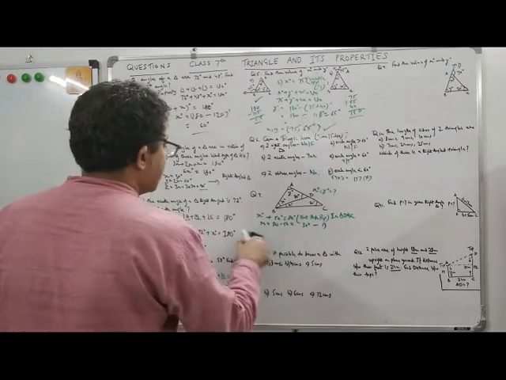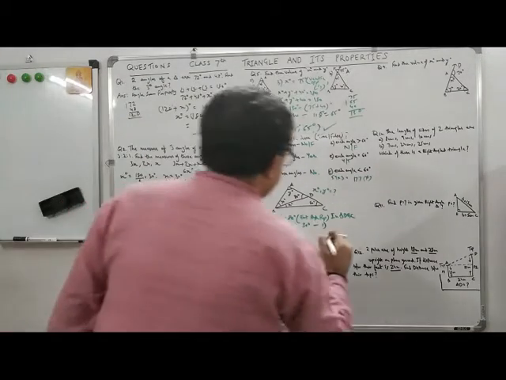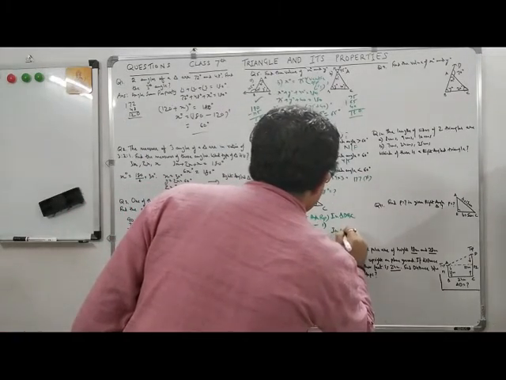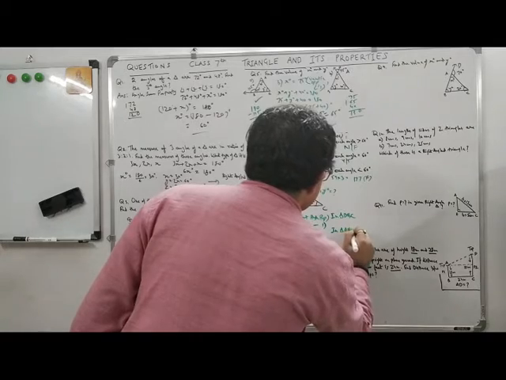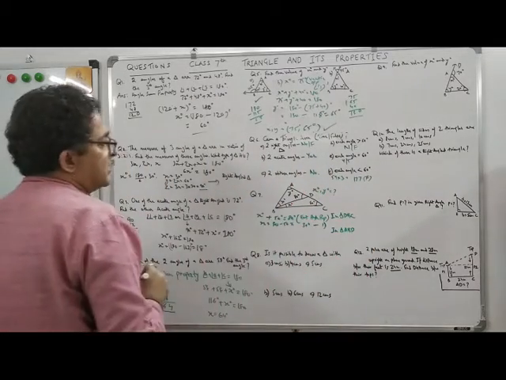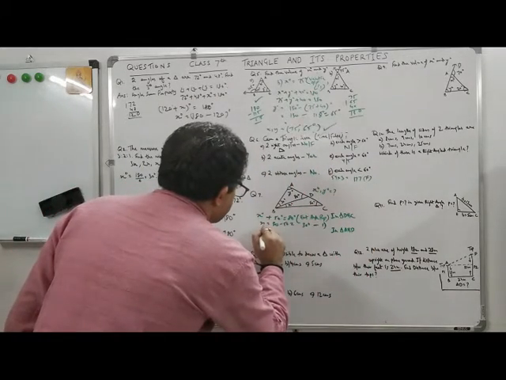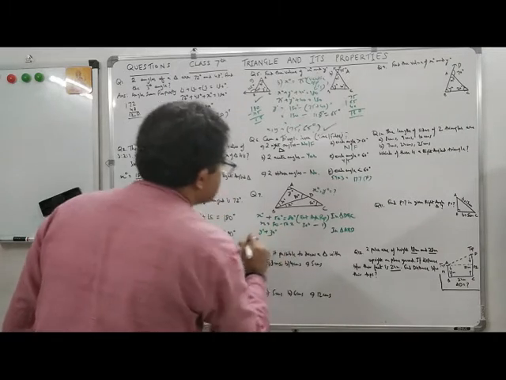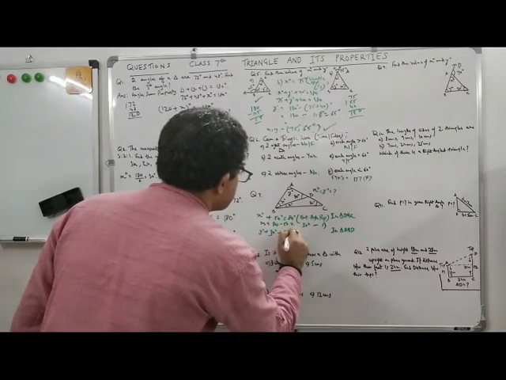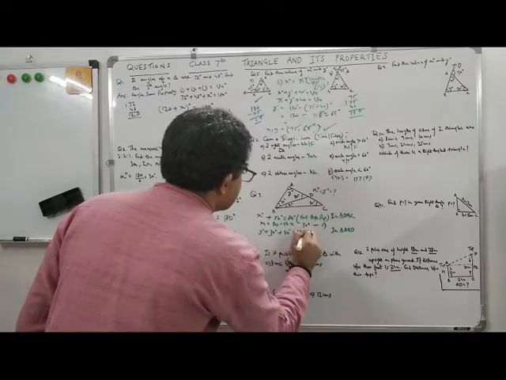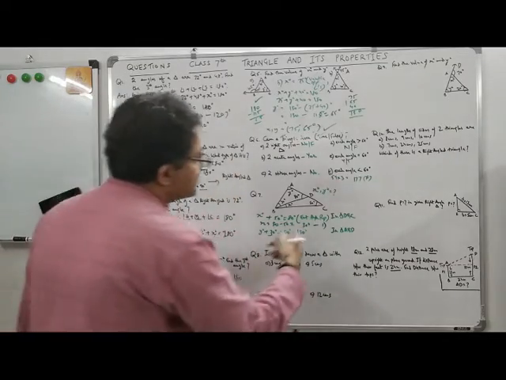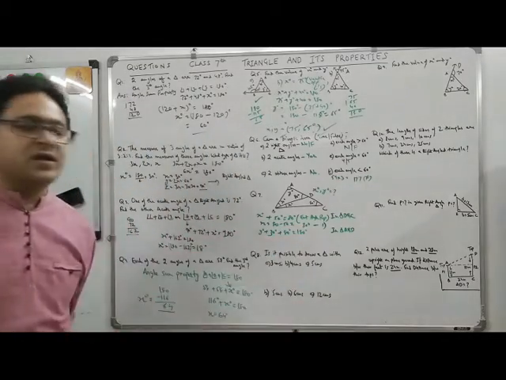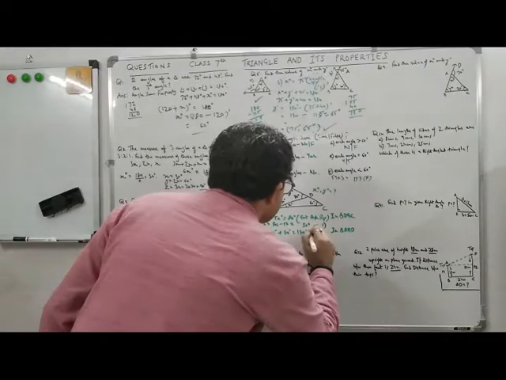Here you write in triangle ABD. Triangle ABD, what happens? Y degree plus 30 degrees plus 80 degrees is equal to 180 degrees. Angle sum property can be written here.